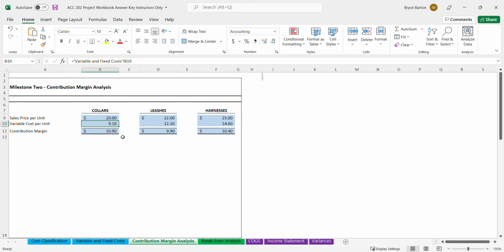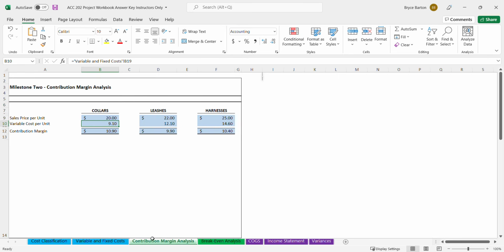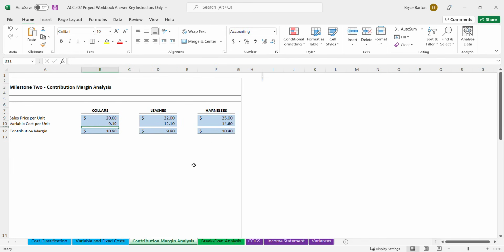The variable cost is just what we worked on, what you turned in on milestone 1. You can go back and look and say, okay, $9.10 was my variable cost, and move it over here. Or if you want to get fancy with Excel, you type an equal sign, click over to that tab, click on that cell, and hit enter, and it brings it over with a formula, so that if that $9.10 ever changes, this spreadsheet will update too.